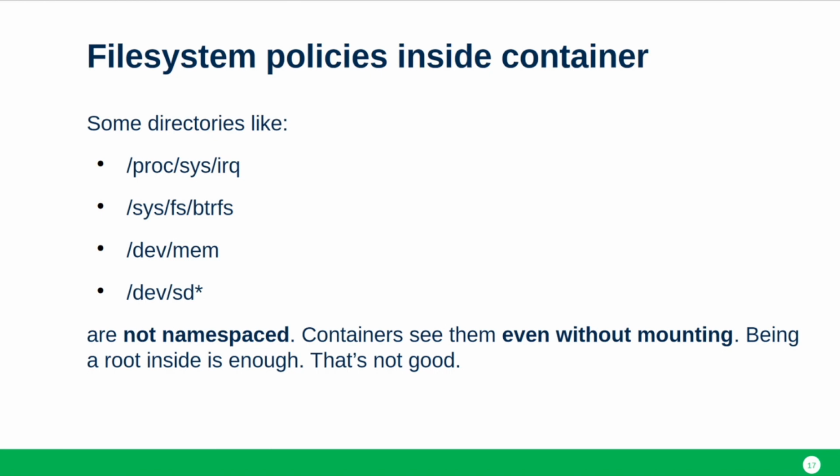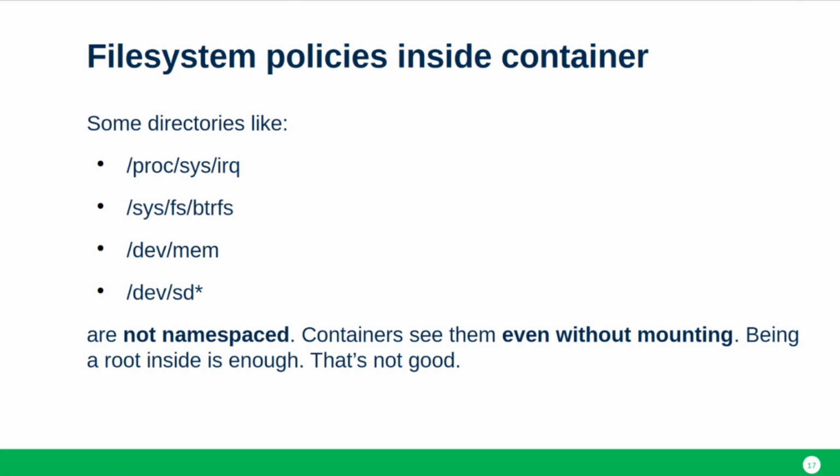So even if you have separate file system and mount namespaces for your container, you still see those directories and mostly see the same content which you would see on the host. There is no initiative in the kernel to make this namespaced, and there is no initiative from container runtime developers to restrict those somehow. So we will do that.